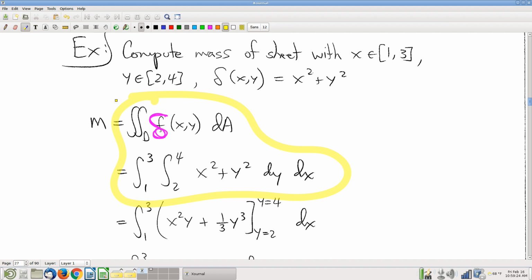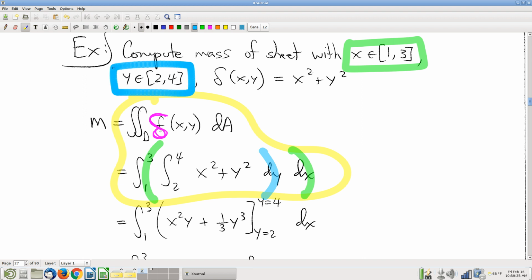Note the bounds on this iterated integral. x goes from 1 to 3. And y goes from 2 to 4. Make sure to get those right. And by the way, they pair up like this, right?